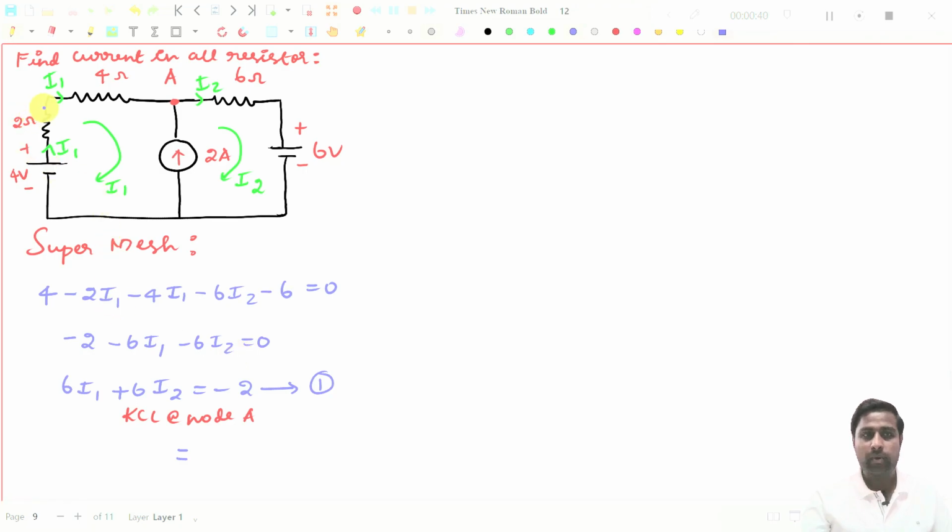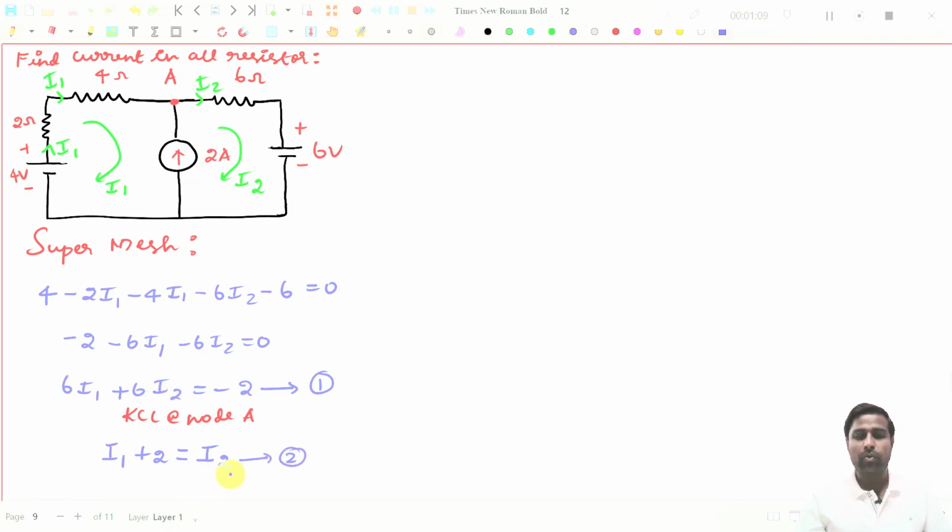You see I1 is coming towards the node, so it will be on the left hand side. So that will be I1, and this I2 is going away from the node, so that has to be on the right hand side, that is I2, and this 2 amperes is coming towards the node, right, so it has to be on the left hand side. So this is one expression, make it expression number 2.